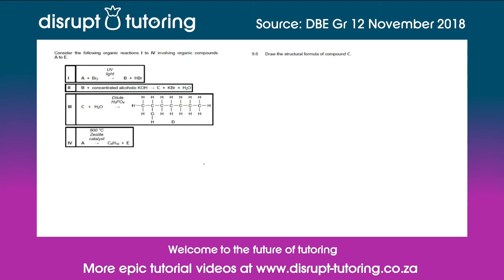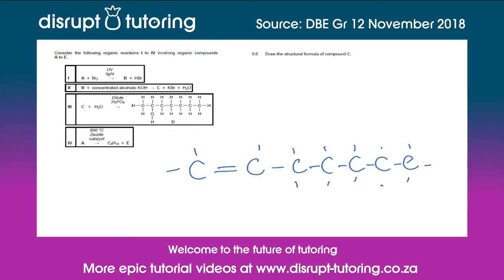So now to form the alkene, I can draw C, and then the double bond between C1 and C2 where the bromine and the hydrogen were removed, and then add in the other carbons and hydrogens. Those are just the normal hydrogens, the hydrogen bonds as always.